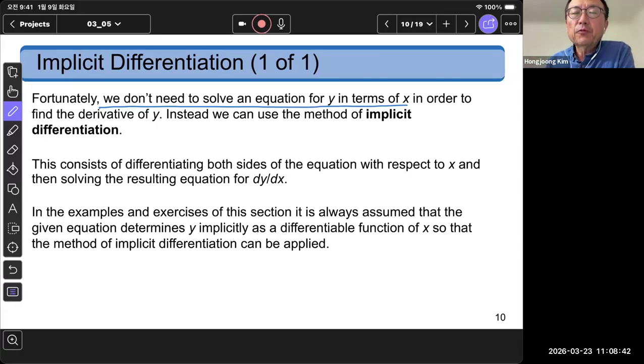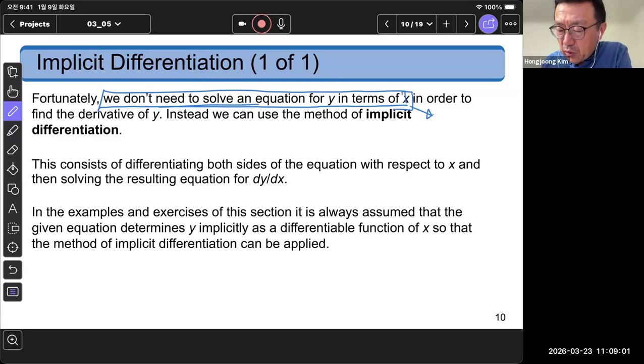In other words, if we are interested in the instantaneous rate of change of y with respect to x, we don't need to solve for y in terms of x.